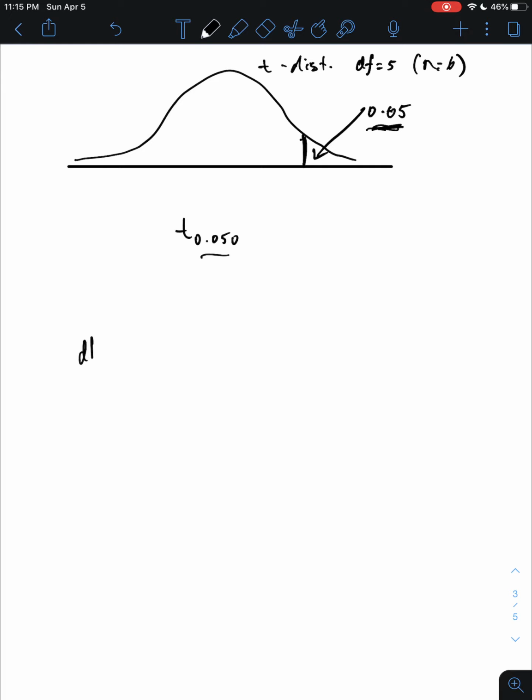And then the degrees of freedom equals 5 row in the table. When you do that, you should find that the magic number is 2.015. All right, so that's one way to use the t-table.